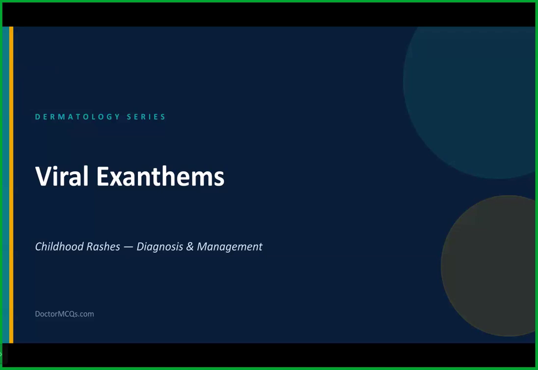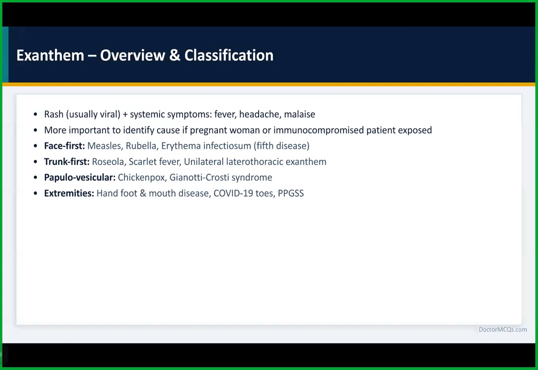Okay, so now comes viral exanthems. Very important and very commonly coming in the exams. Mostly in childhood, there is the rash and some systemic features. The rash always comes with some kind of fever, malaise, and some headaches or lymphadenopathy in a few conditions.